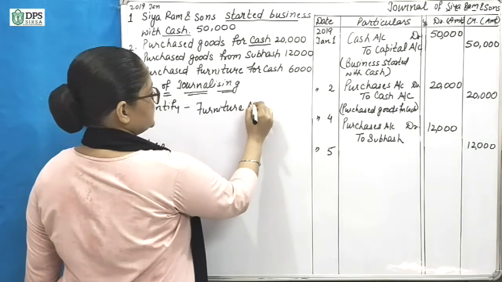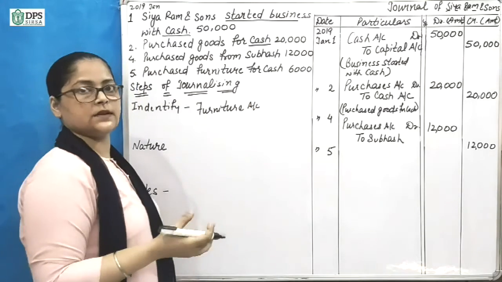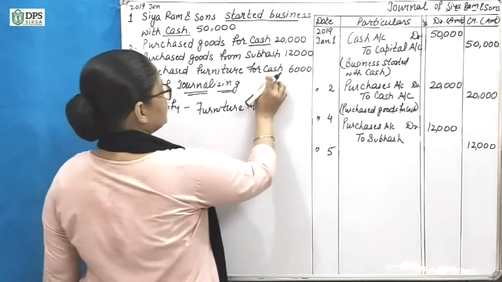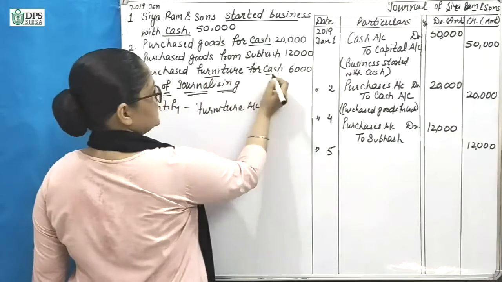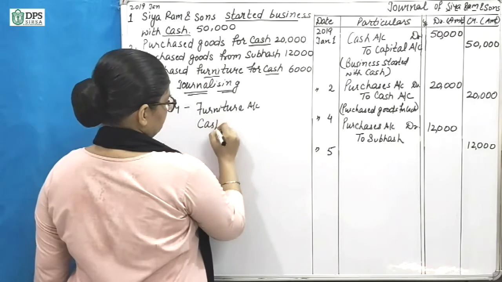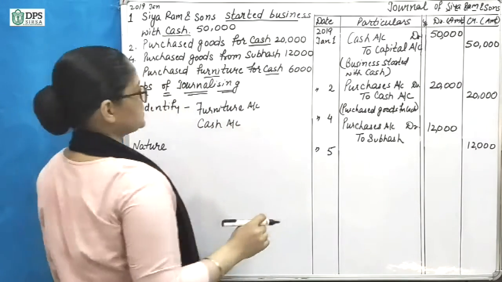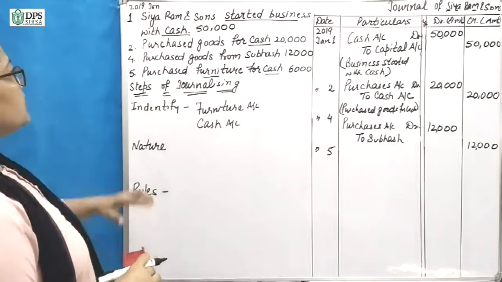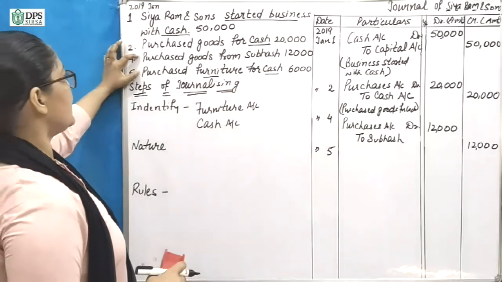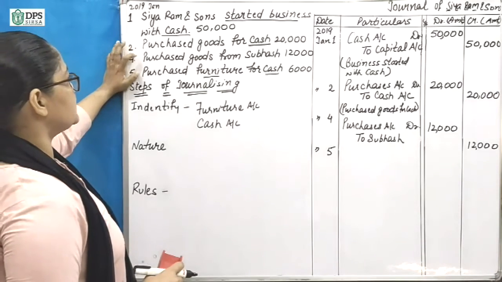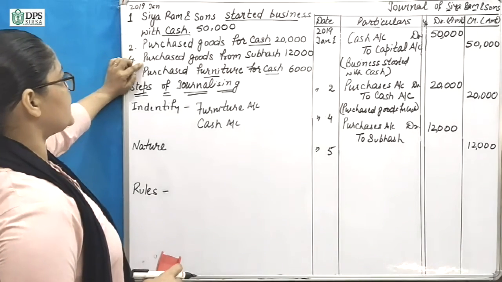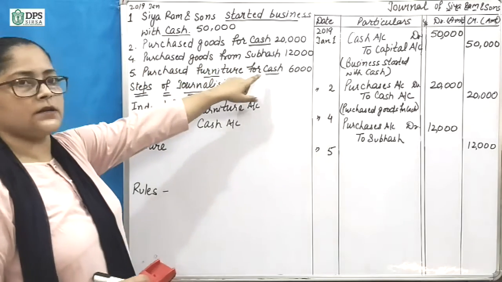So one account is furniture because furniture is coming in the business, and the second account is cash because we are paying cash. So don't be confused in these two entries. Here the transaction is given that we purchased goods from Subhash.